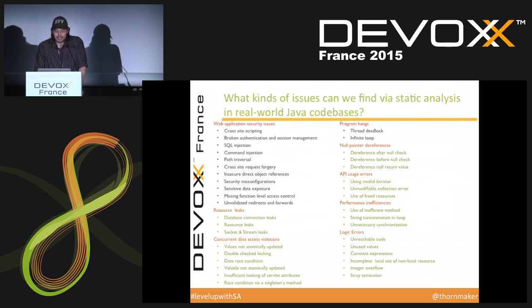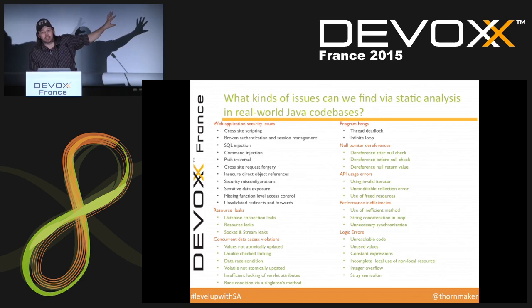There are a lot of different types of issues that can be found at the end of the day using static analysis. I've listed up here, unfortunately in really small font, several of the types of vulnerabilities. Just to highlight a few, I like to focus on the security ones since I have a security background: things like security misconfiguration, exposure of sensitive data, cross-site scripting, path traversal, command injection, and cross-site request forgery.